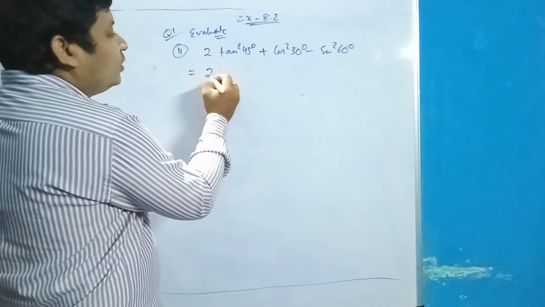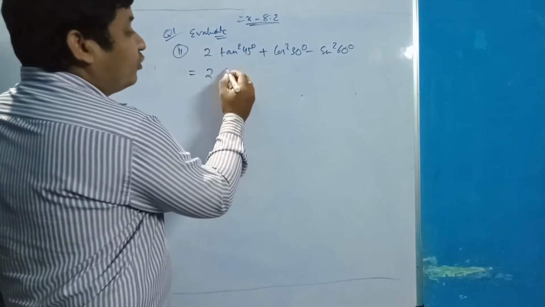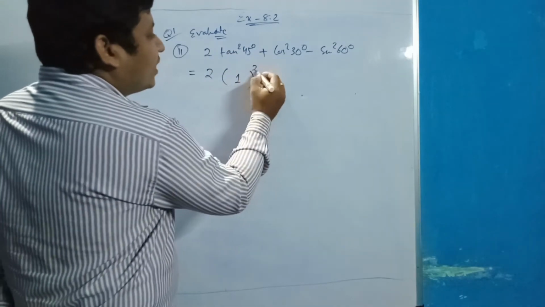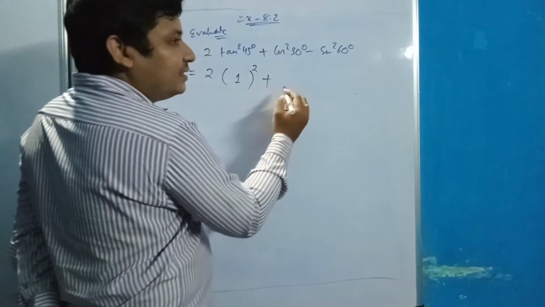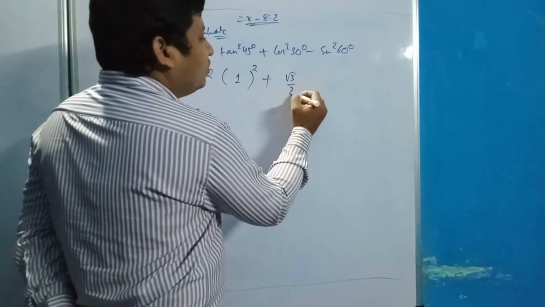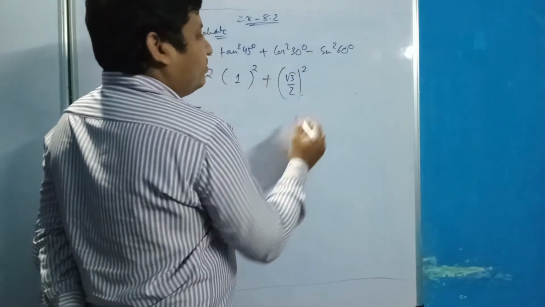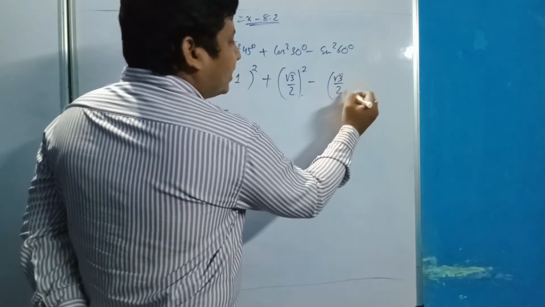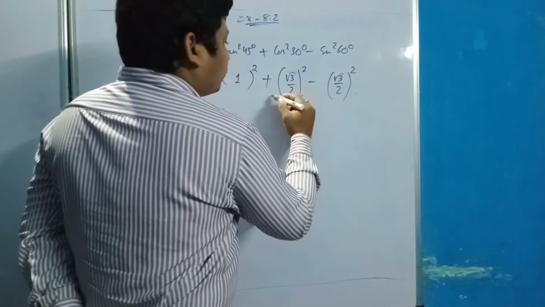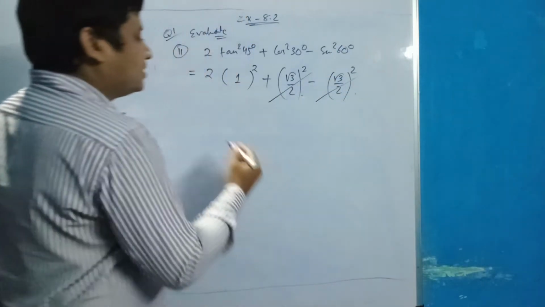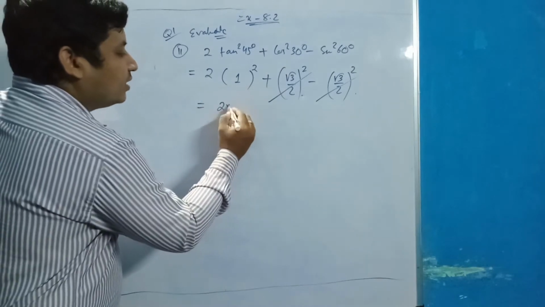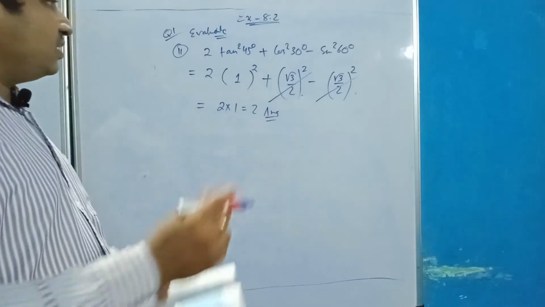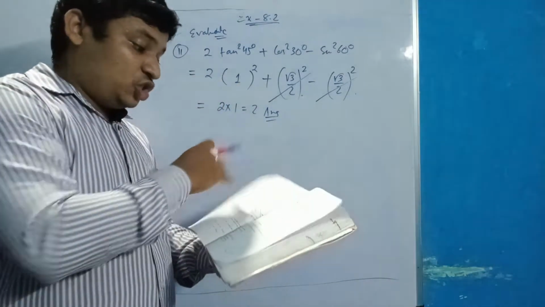In place of tan 45 you have to write the value of tan 45. It is 1. Its square is taken, plus cos 30 it is root 3 by 2, square will be taken, minus sin 60 it is root 3 by 2, again square is taken, so plus minus cancels out, so it is 2 into 1 equals to 2. Answer. This is how we can evaluate using the chart.